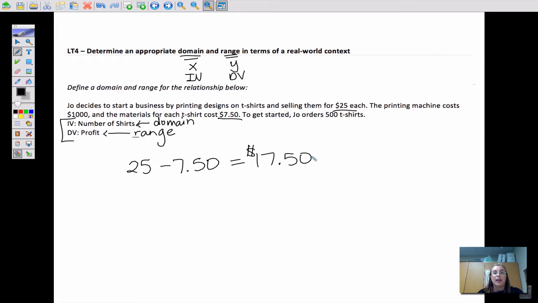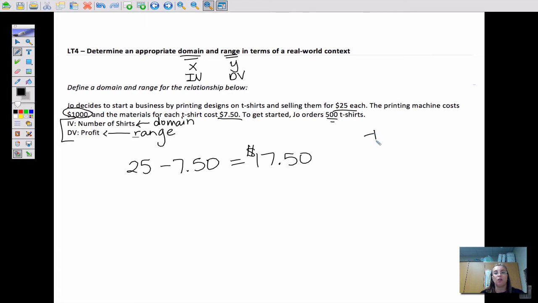Okay, and then he starts off by spending $1,000 on the printing machine. Okay, and then also it says to get started he orders 500 t-shirts. Okay, so he hasn't sold those yet. So I would also want to know how much he's starting in the hole.